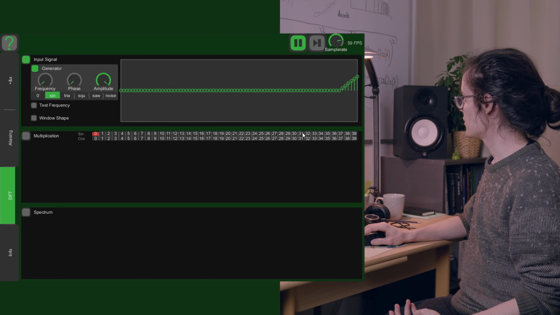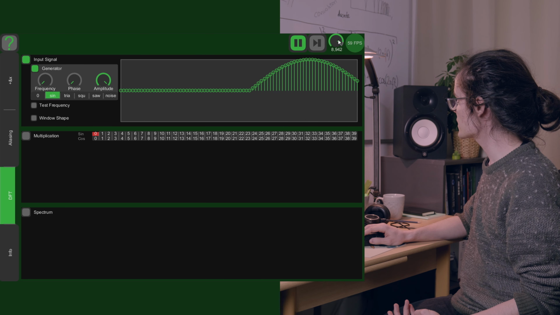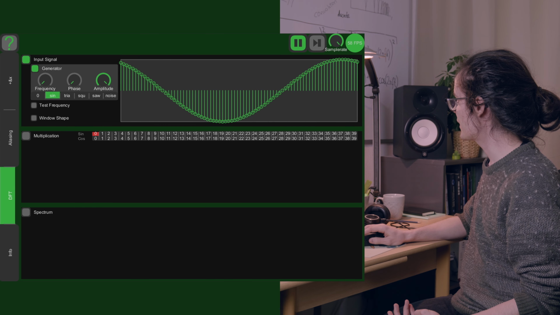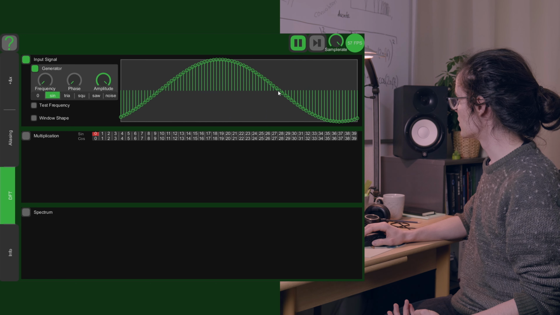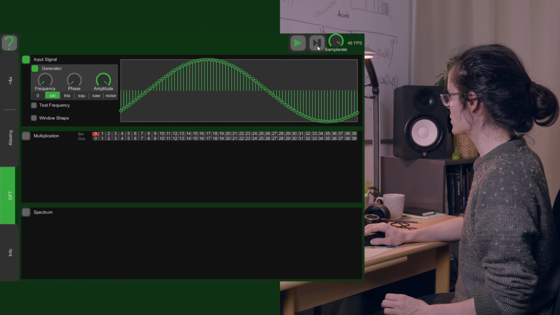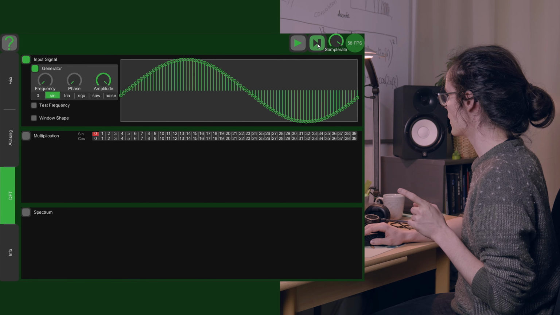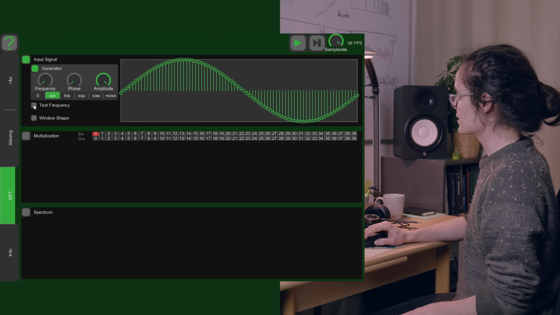So let's see. You can see it generates samples. If you wanted to produce samples faster, you can simply turn up the sample rate and it will play them faster. That's wonderful. Also, you can pause the sample production and you can also skip through it, which gets quite handy in a second.